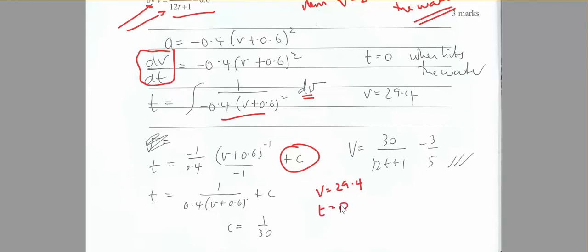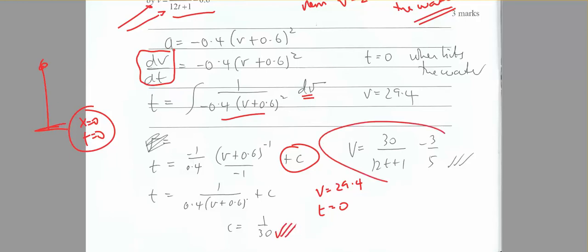Now I'm going to say t equals 0 because I'm going to recalibrate that the coconut falling to the water, I'm going to recalibrate x equals 0 and t equals 0 here again, and then rework out from this being when it goes into the water. And I found out my C is 1 on 30, then I do this.